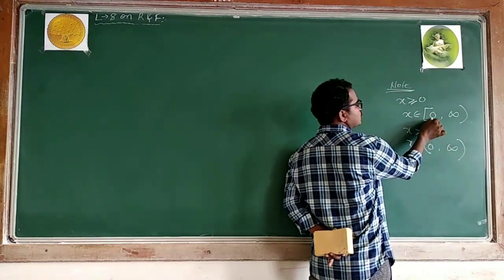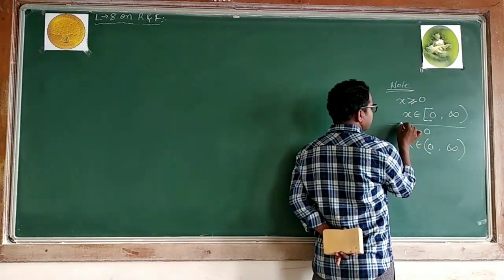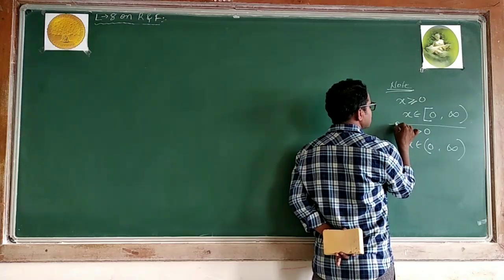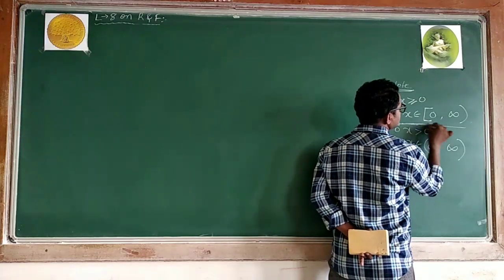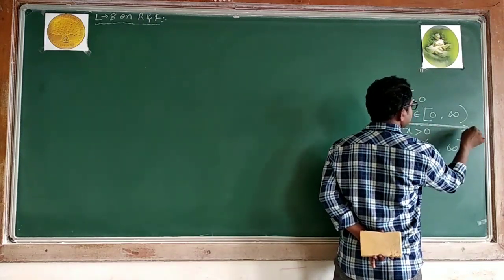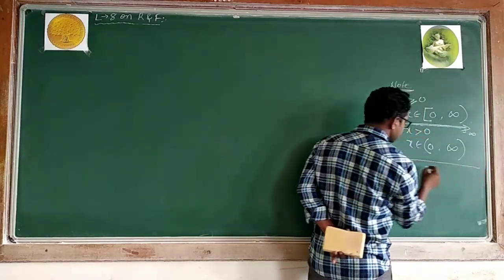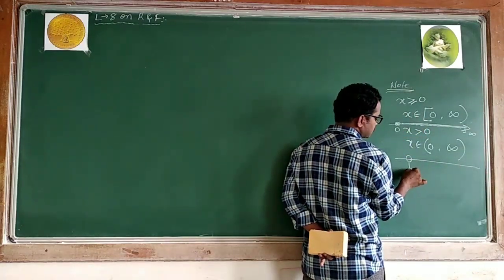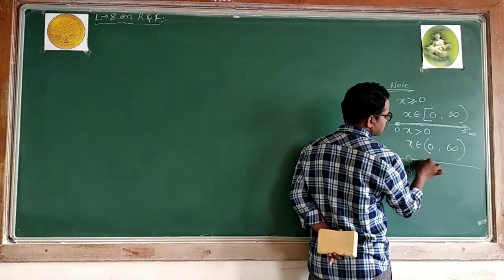Here, on the number line, this will be 0. When you say 0 is included, this whole portion is real numbers, up to infinity. In this case I say this is 0, and I am not shading this circle, which means 0 is not included here.